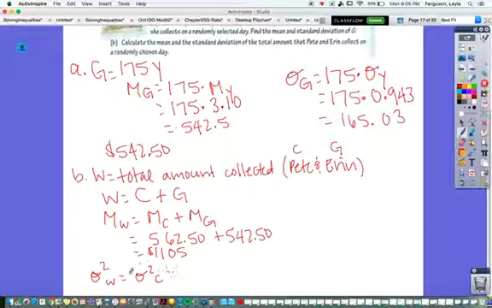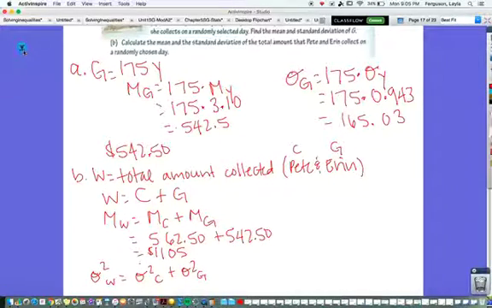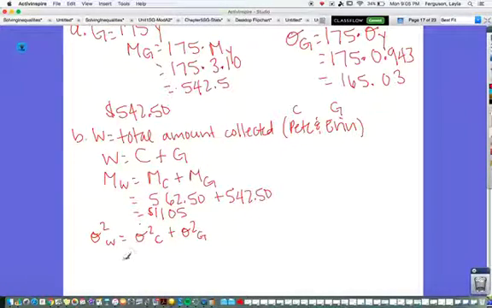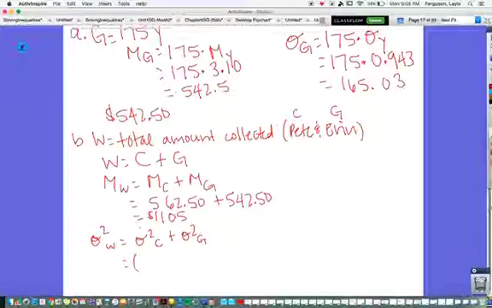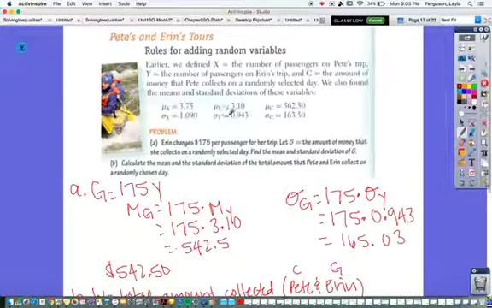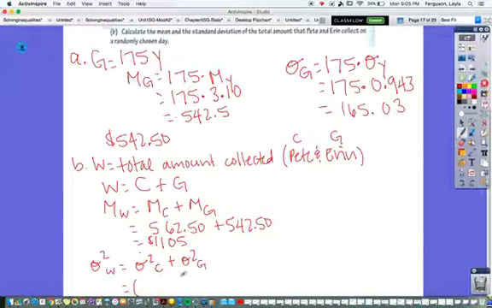So the variance for what Pete collected, plus the variance for what Aaron collected, which we let be G. To find the variance, we would use the standard deviation we had listed up here for Pete, which was 163.50, but we'd have to square it.